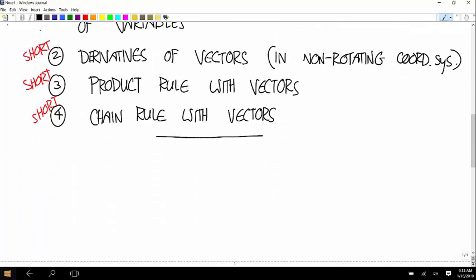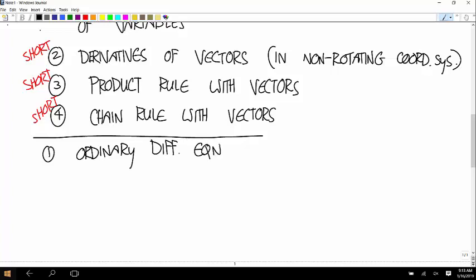Okay. So first, ordinary differential equations using separation of variables.